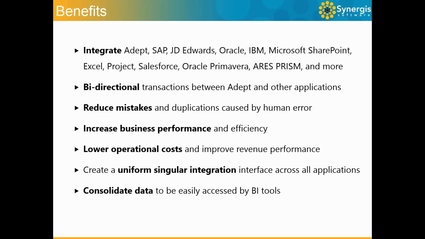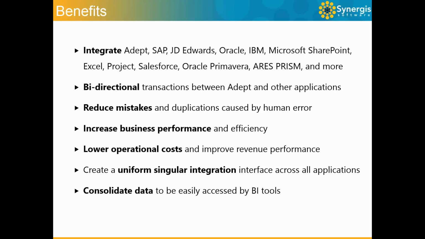By reducing mistakes, we increase business performance, we're able to process data a lot quicker, and then of course by increasing business performance, we're reducing operational cost. This then creates a uniform, singular integration platform across all the applications in your business.